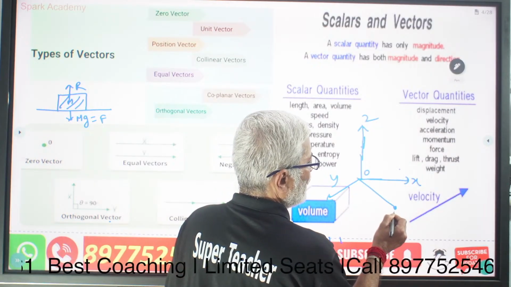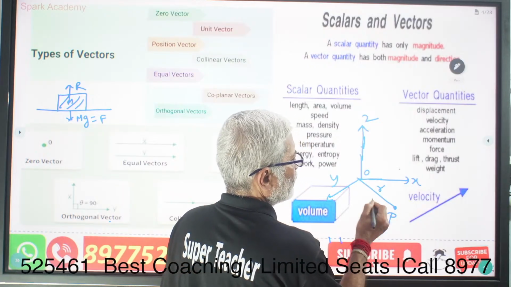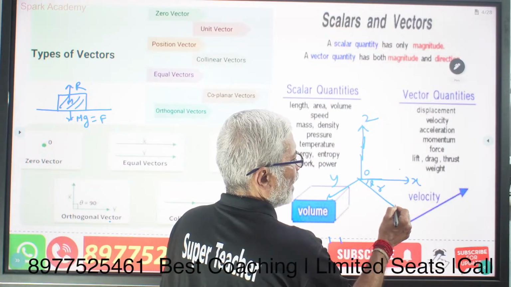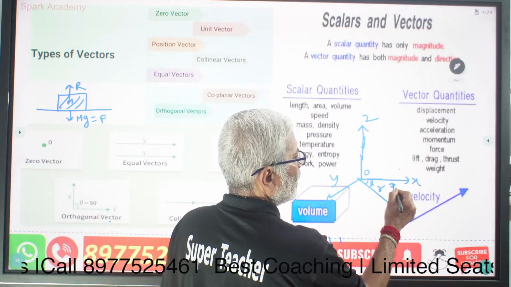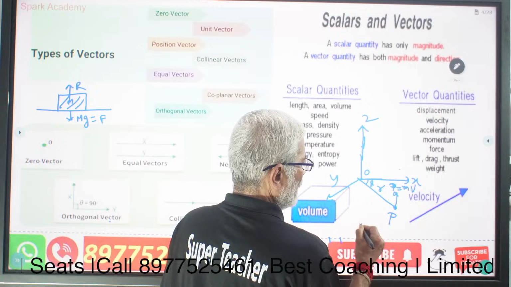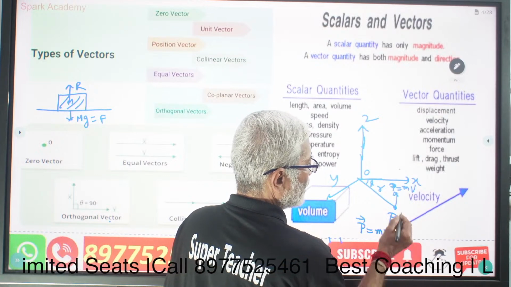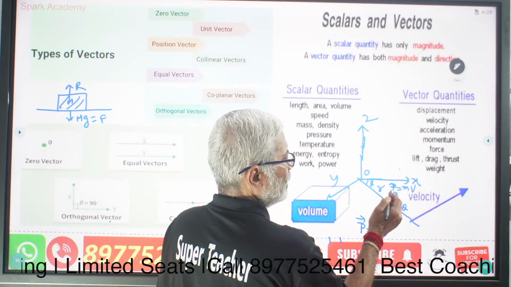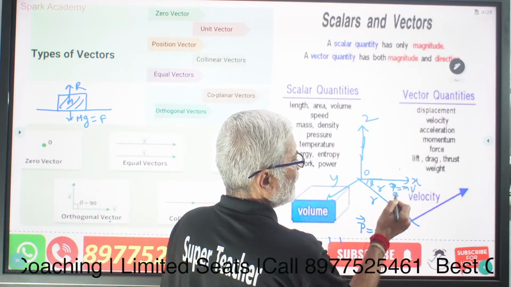Suppose this point P is the position vector R at an angle theta, and I apply a linear momentum P which is equal to mass into velocity. This is its direction. Then this is R, this is P.